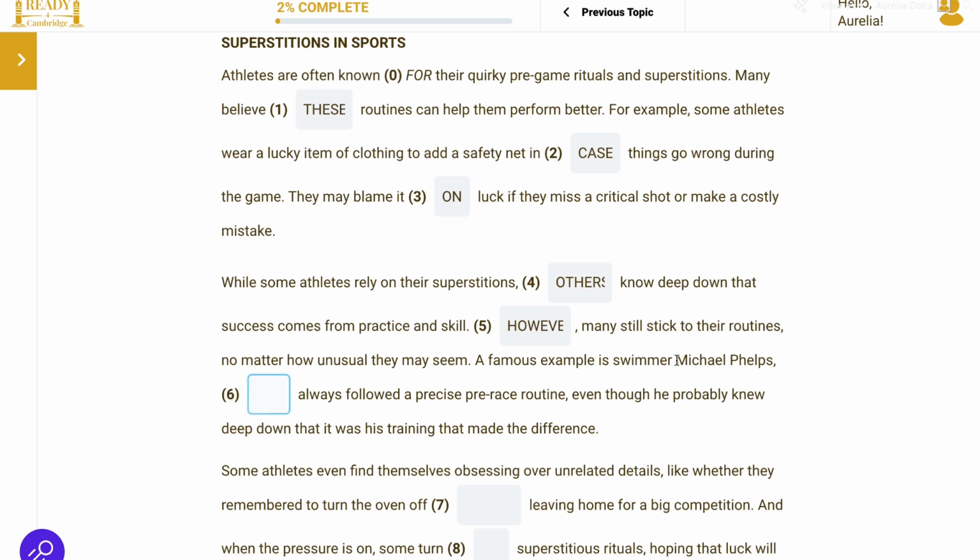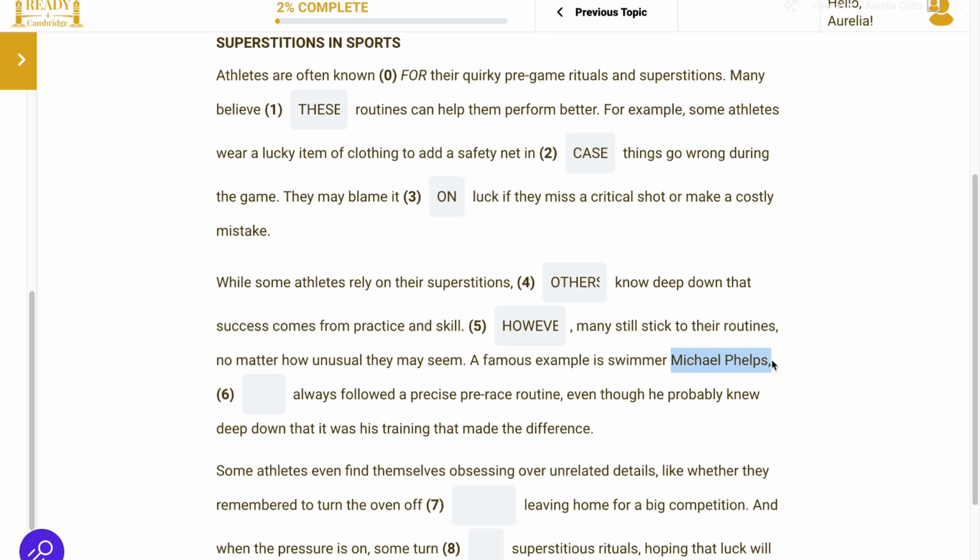Michael Phelps is a person, so we use who to describe him. If we didn't have this comma here, that would also be an option. But in this case, given the comma, we use who for people and which for objects. Let's type in the pronoun who. Let's check it out. The swimmer Michael Phelps, who always followed this routine.